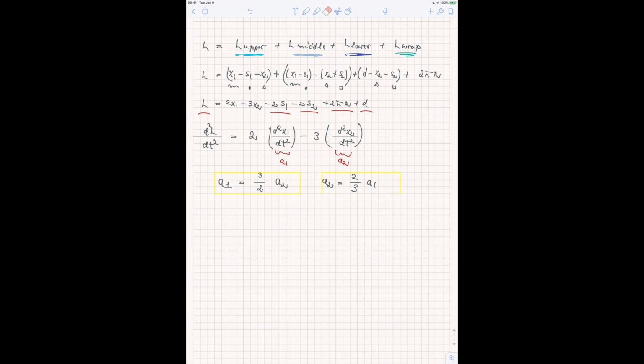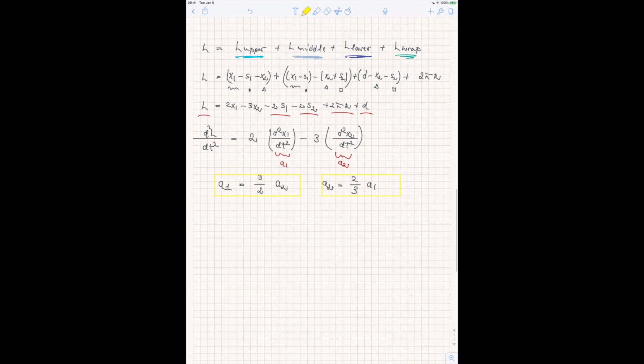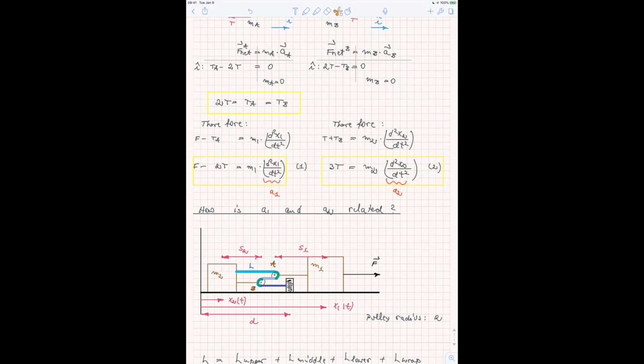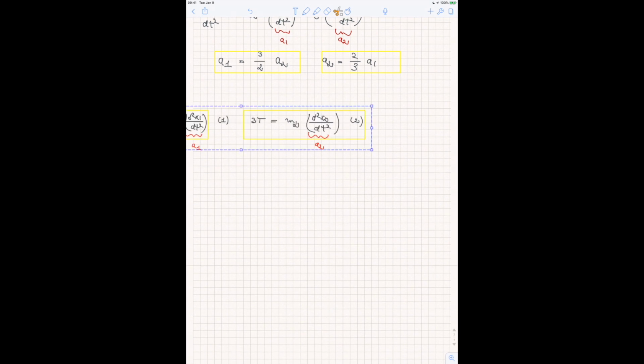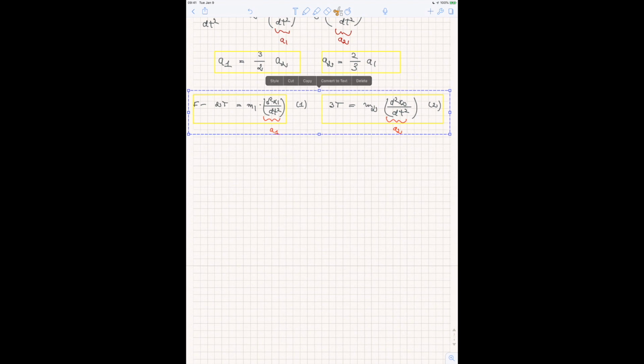Okay, so now we can go back to our basic equations of motion for both masses m1 and m2. Let me just copy them here from before. The name of the game here is to solve for a1 and a2 as a function of the masses and the force F only.